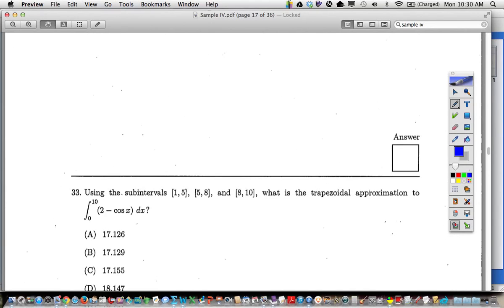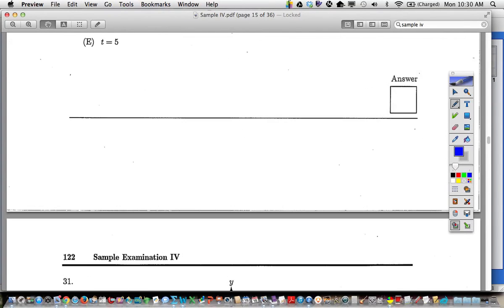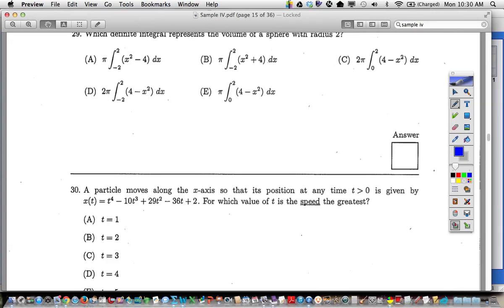Looks like it, yeah. It's actually 36 pages, in a book with like 4 or 5 exams, but it's only got a couple problems per page. There are 45 multiple choice questions and 6 free response questions on the actual test.